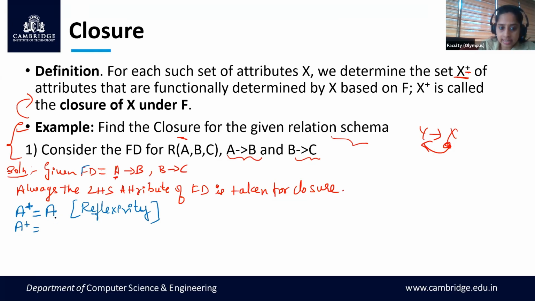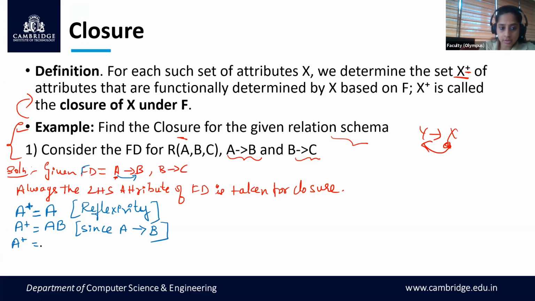Now, A can also derive from A. What can be derived? See the functional dependency. From A, what can you derive? B. A will remain from the previous A closure, and B is attached. Since A determines B, this functionally determines B. Now, again, A closure.